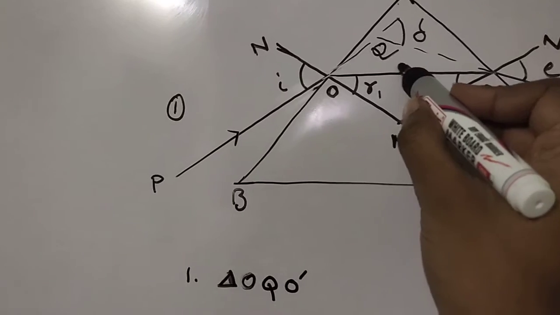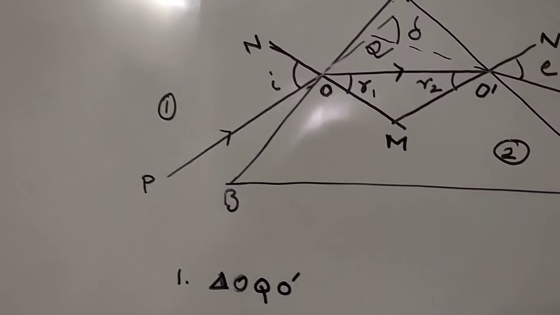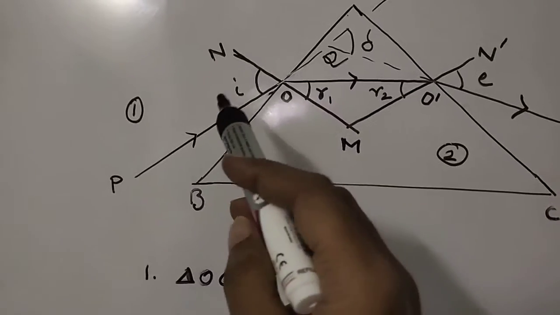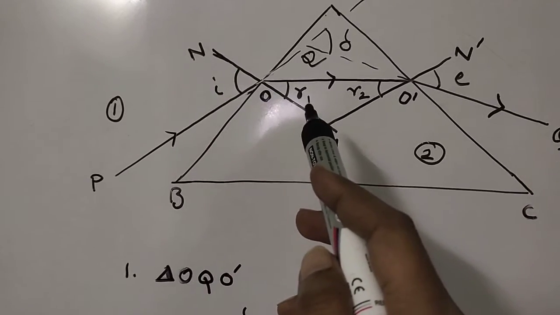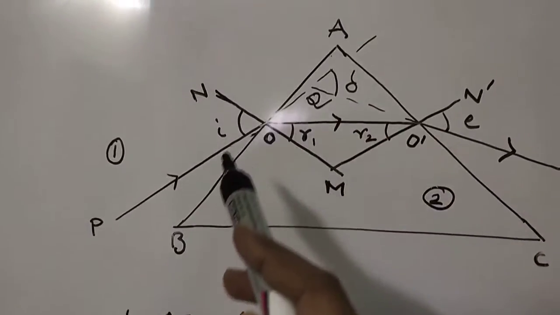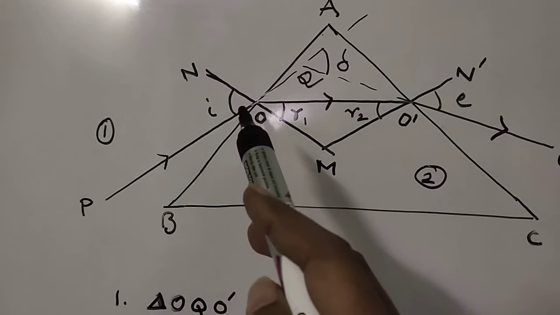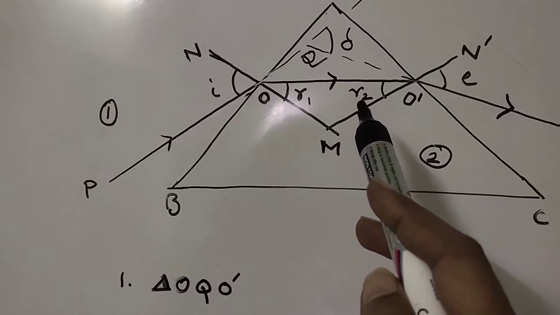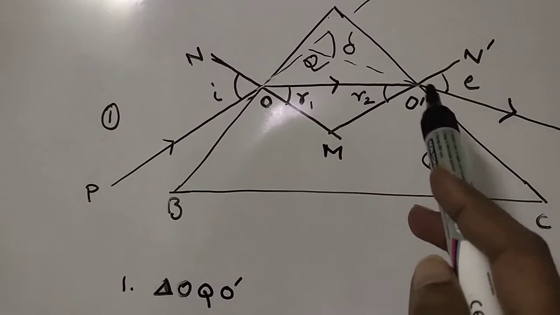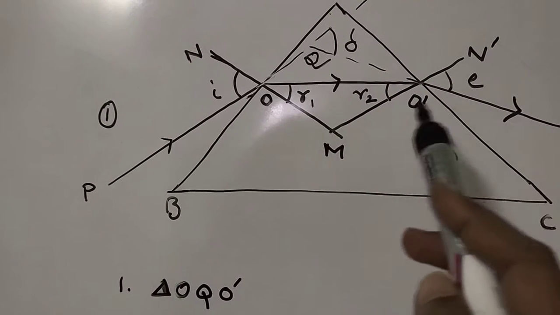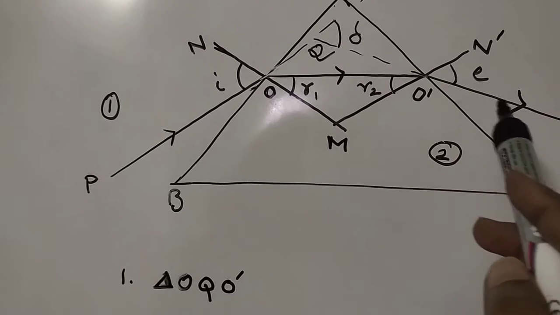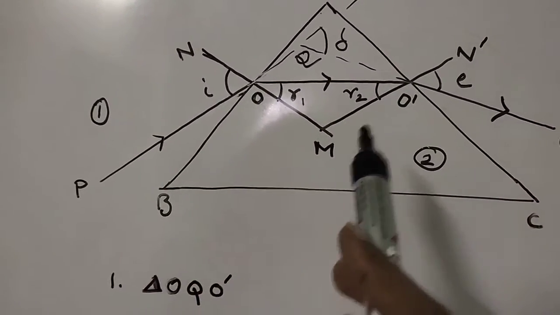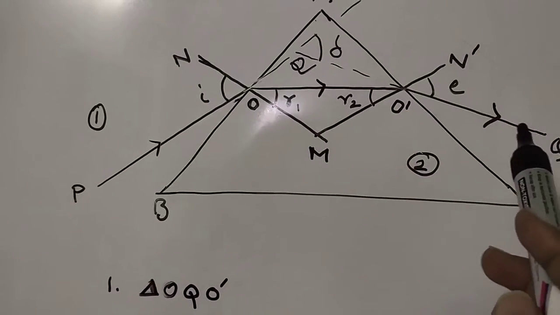So finally it comes out with the angle of emergence, that is E. So this is your angle of incidence, this is your angle of refraction on the edge AB, and this is your angle of incidence if you consider this medium and this medium, and further it emerges with the angle E. So initially from rarer to denser, then from denser to rarer.